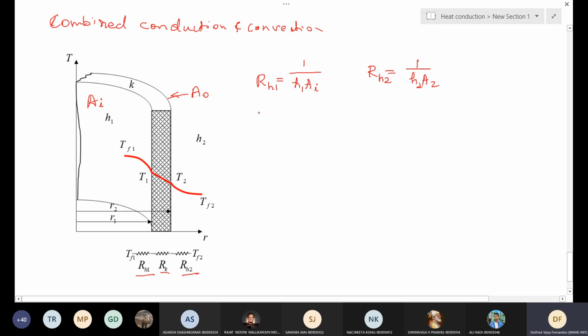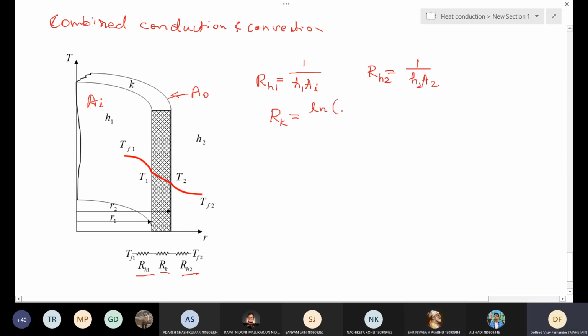Conduction resistance for the cylindrical wall, who will tell me? Yes, Srinivas. No, 1 by conduction resistance. This is cylindrical.